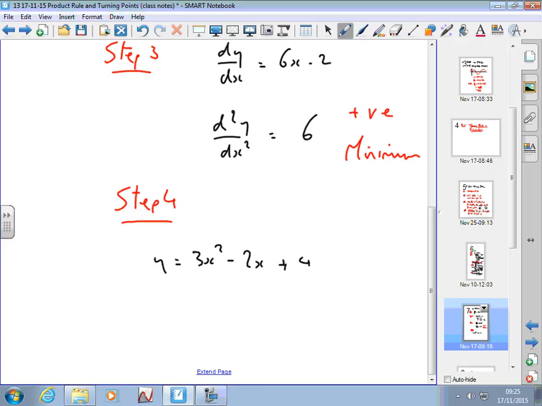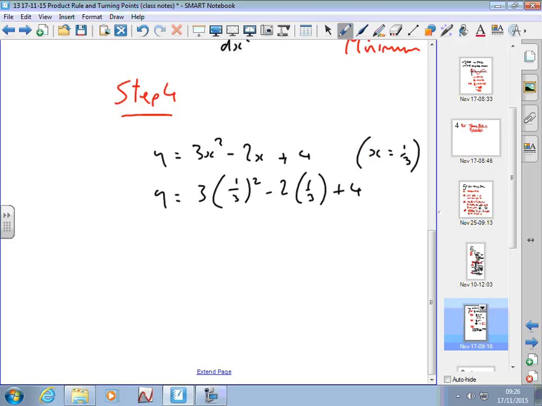So I put in my value of x, 1/3. 3 times 1/3 squared minus 2 times 1/3 plus 4. 3 squared is 9, so that's 3 over 9 minus 2/3 plus 4.